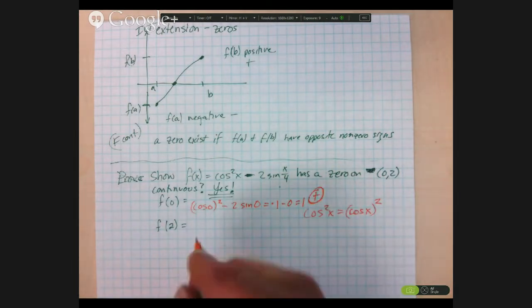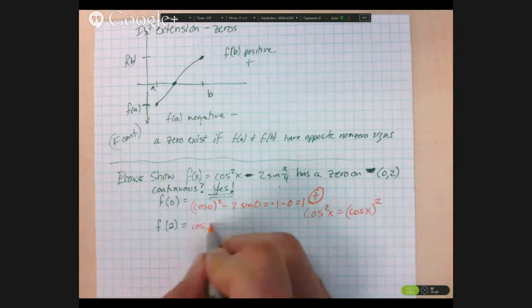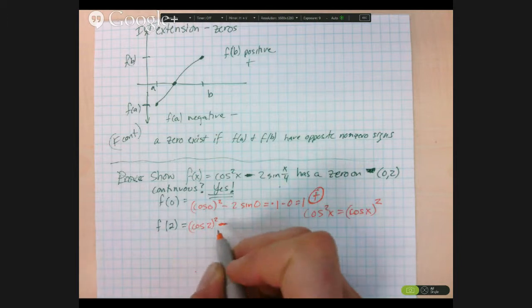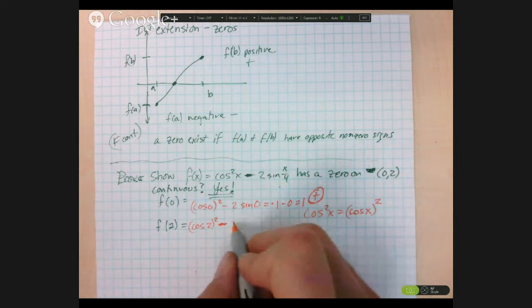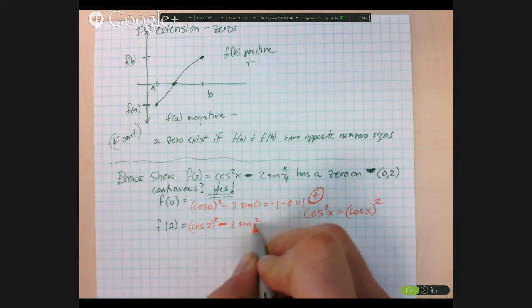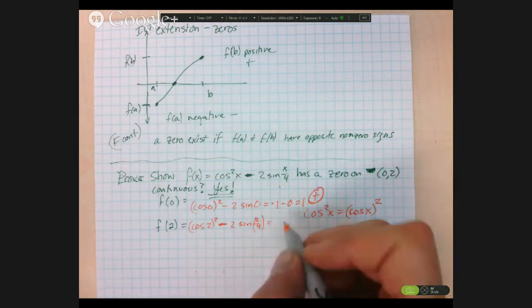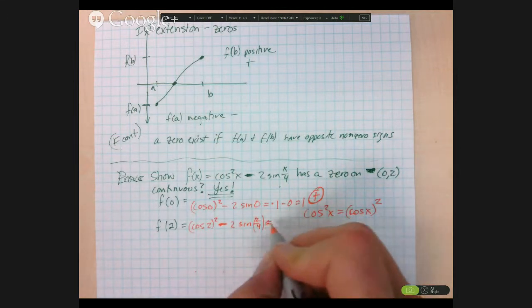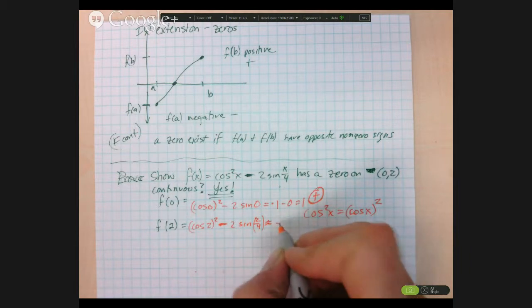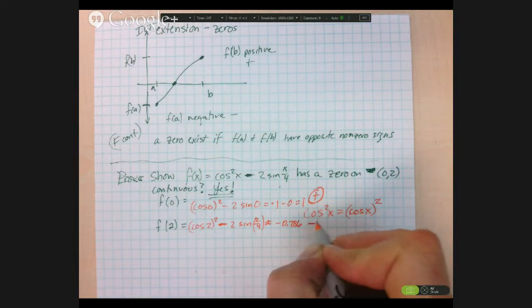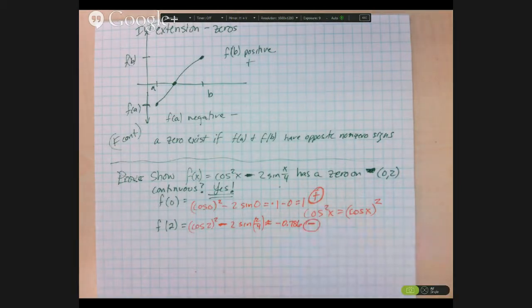And then plug 2 in. And we're in radians. Remember, your calculators need to be in radians here. What is it? Negative 0.786.